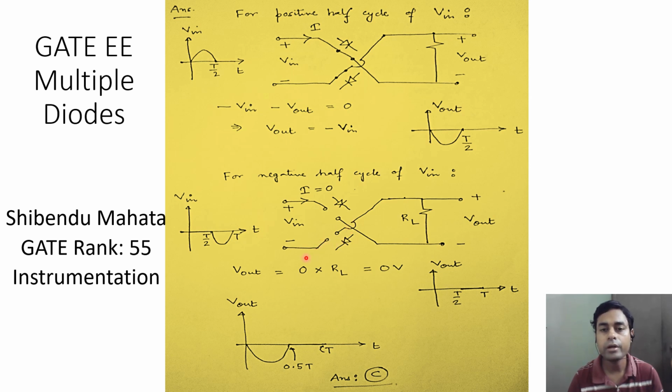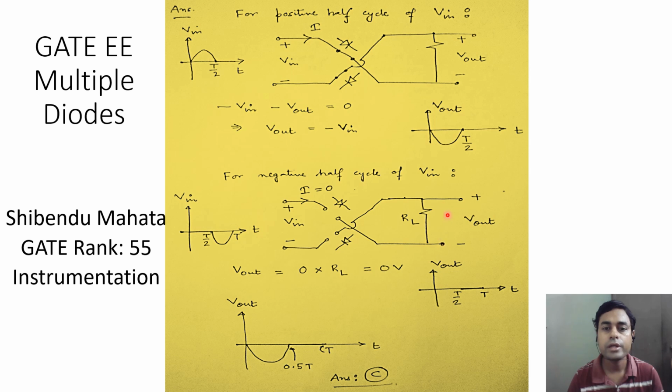They will only allow current to flow from anode to cathode and will block current if we try to make it flow from cathode to anode. So diode D1 is in its blocking phase, as also diode D2. Both diodes should be substituted by their open circuit equivalent, and therefore the current that flows through this loop is equal to 0 because there is no path for conduction of current.